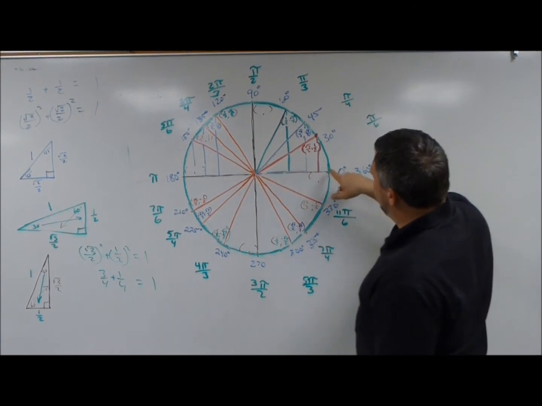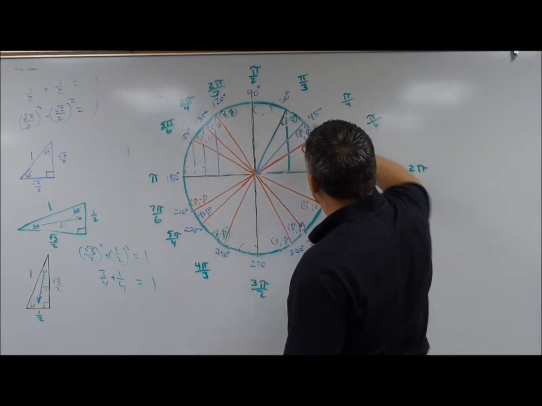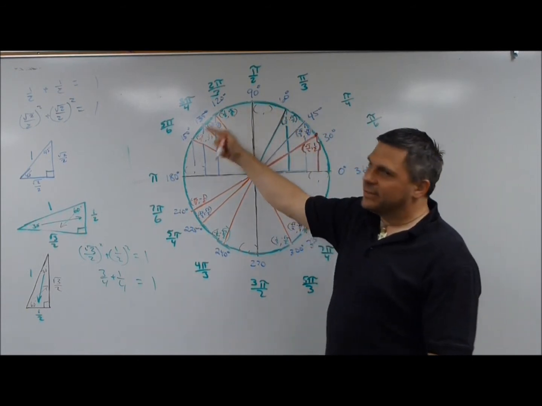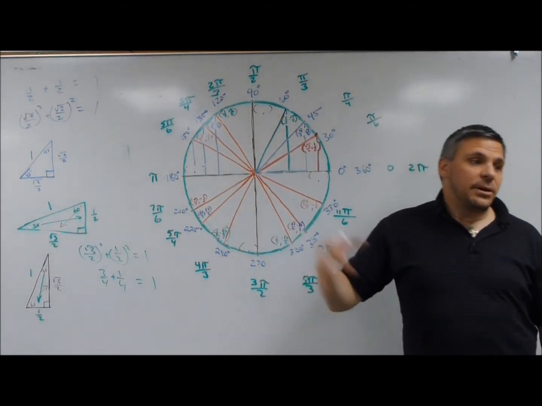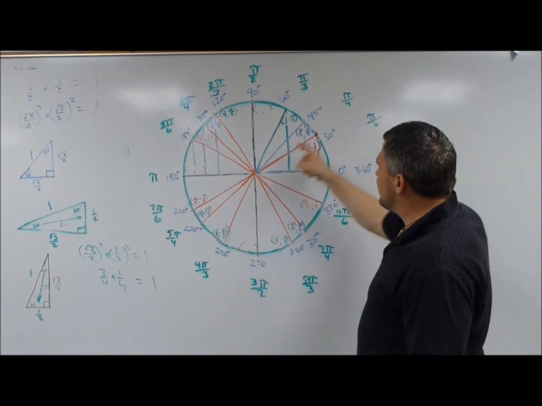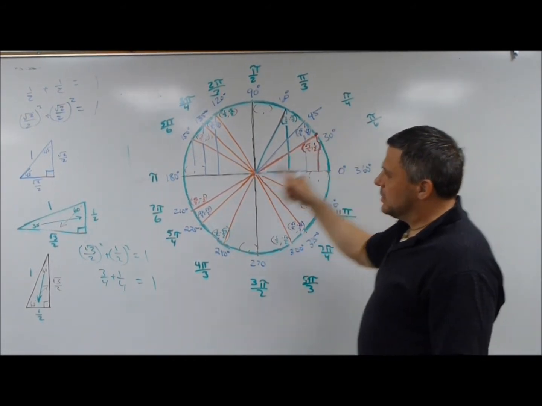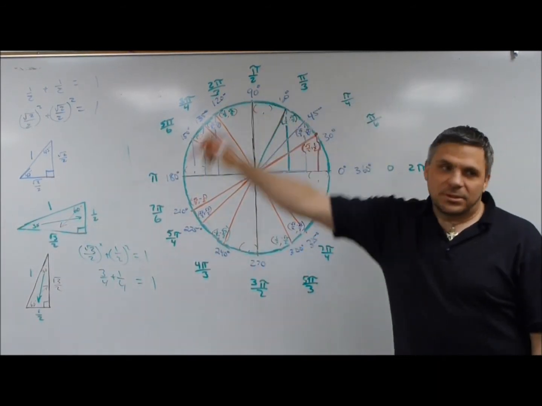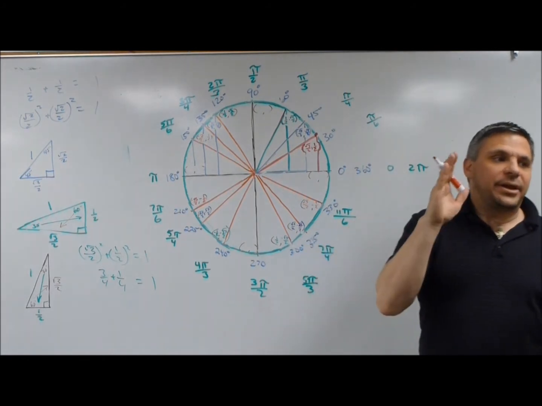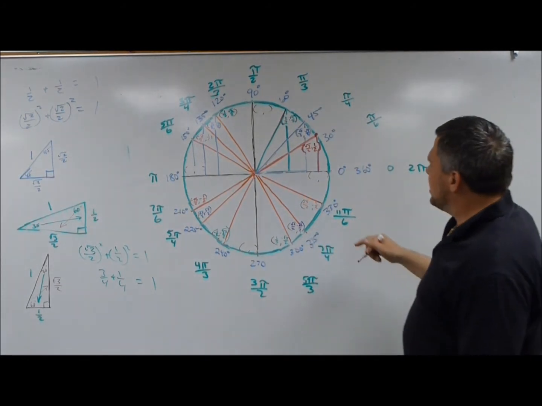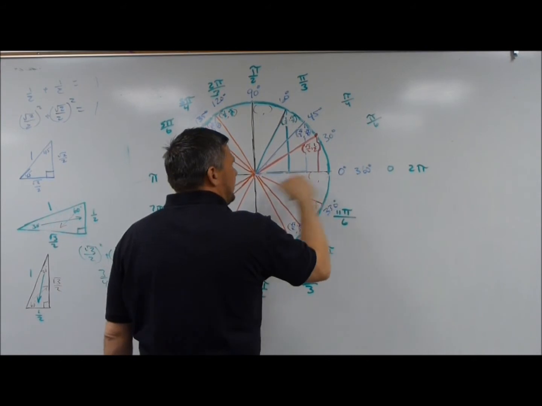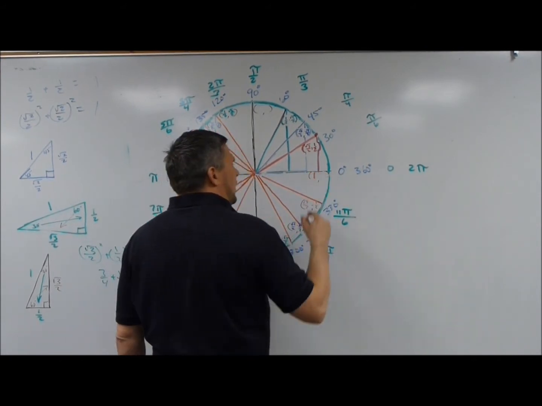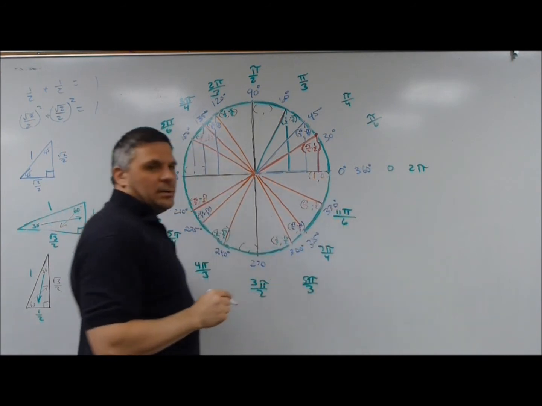Because this one is telling us, how long is this? If we talk about a circle, the radius of any circle is going to be the same all the way around. And so the length of this triangle is 1. And that's why it's a unit circle. It's a circle with 1 as its radius. So that tells me that here x is 1, but y is 0.